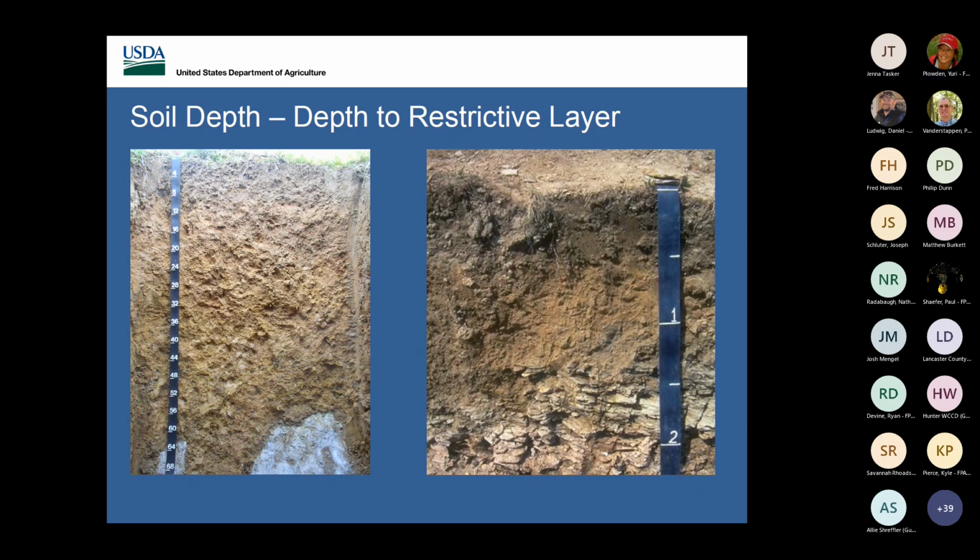Okay, yeah, I'm seeing some responses. The one on the right. So on the right, you see bedrock at about 1.5 feet, right? And on the left, you get down to 64 inches and you see these kind of strange things. That might be little bits of limestone that are weathering out, but that's a deep soil on the left, and that's a shallow soil on the right.